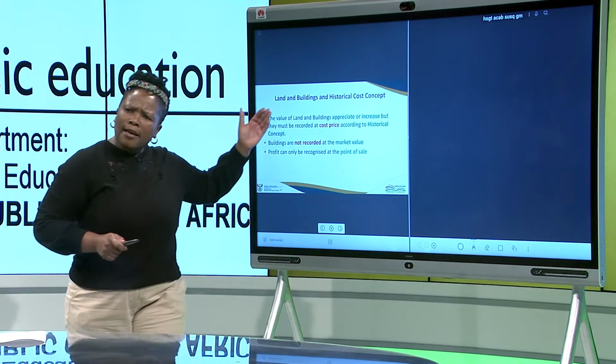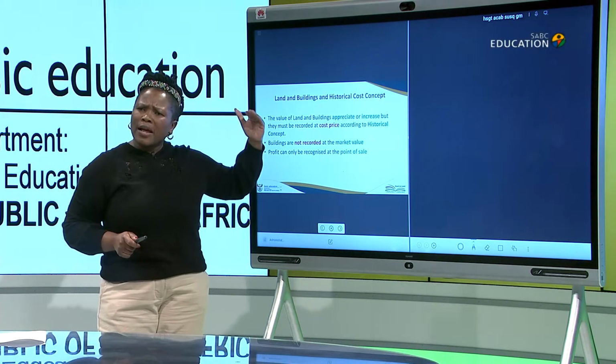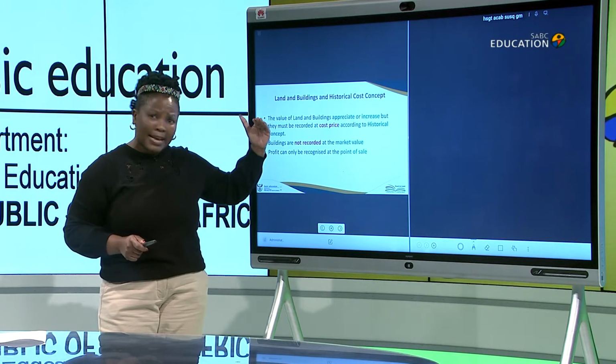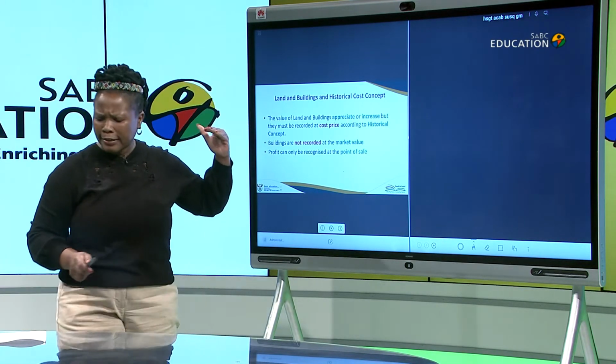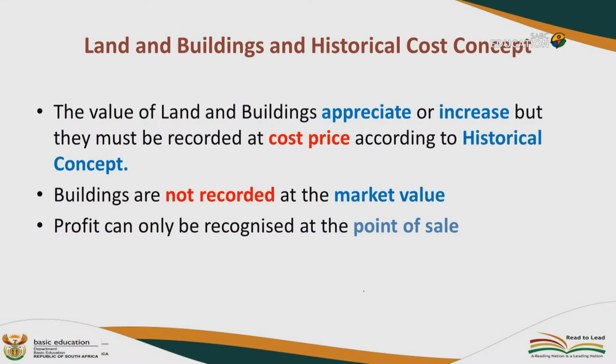Let us say our cost price for land and buildings, as we have indicated in the previous slide, is 500,000. If it happens that the value of the building appreciates to maybe about 800,000, there will be a difference of 300,000.